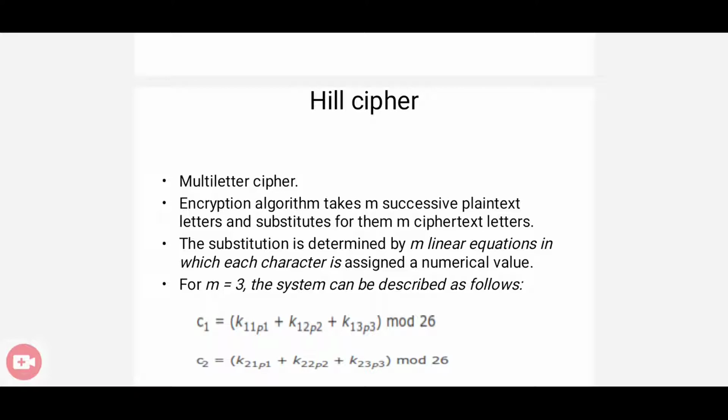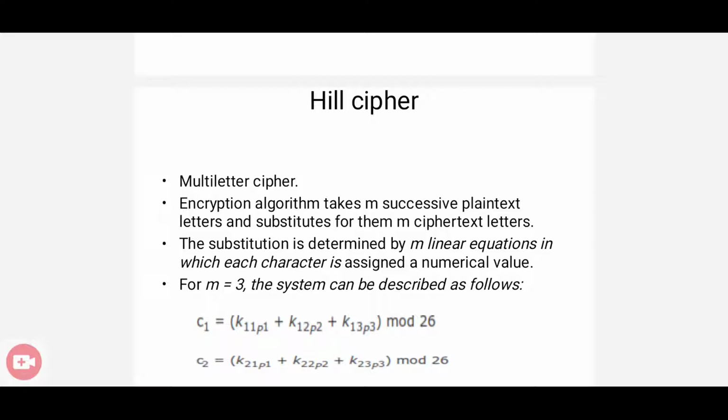That means we can take m successive plain text letters and then convert them into m ciphertext letters. For that, we are using a linear equation system. So we can take m linear equations to convert m successive plain text letters into m ciphertext letters.